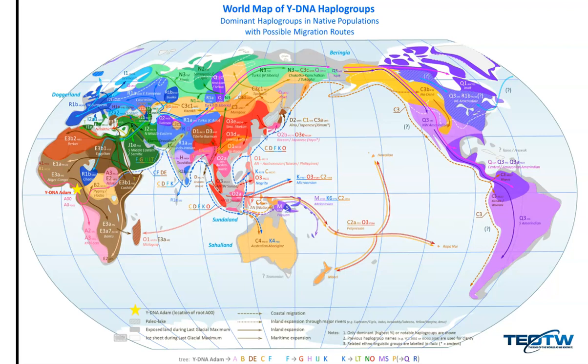Okay, and so as the mutations occur, you can look at this map and people can confuse you and make you think, well, okay, they're not related. No, that's not what it means, because everyone spawned from alpha Adam, and so the real thing is that you can't go by haplogroups to determine your ancestry.